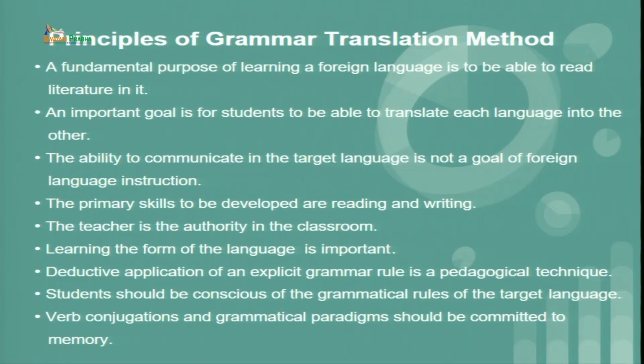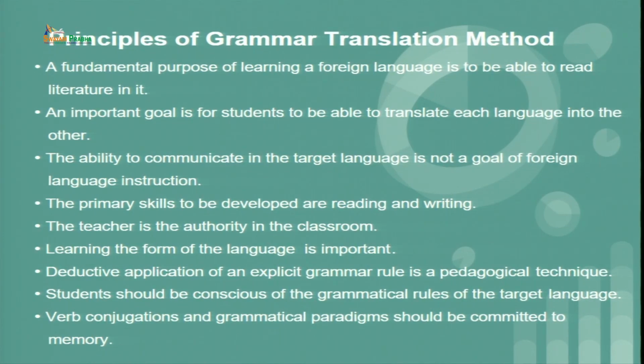So after taking up the example of the grammar translation method, let us try to find out what the principles of this method are. So as you see in the slide, a fundamental purpose of learning a foreign language is to be able to read literature in it.